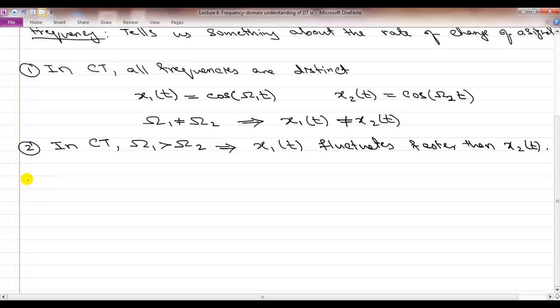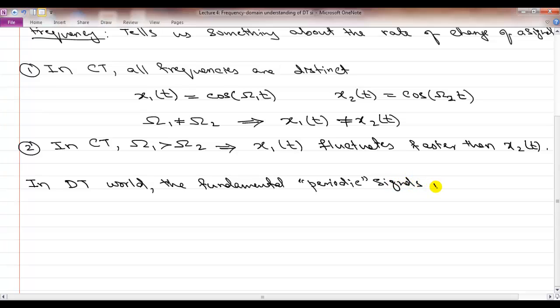So in the discrete time world, the fundamental "periodic" signals, and I'm putting periodic in quotes because periodicity is not always true in the case of discrete time cosines, are the same ones that we saw earlier for continuous time. It's cosine of little omega n.